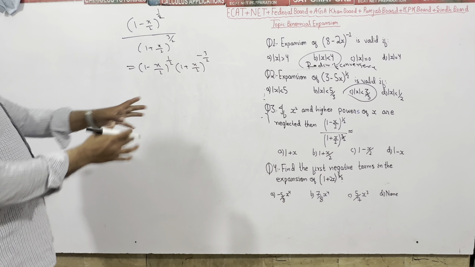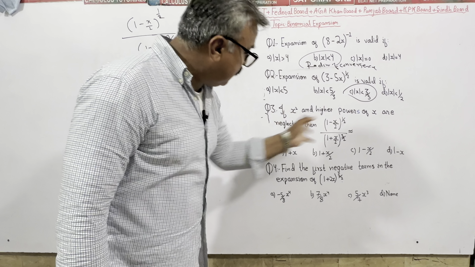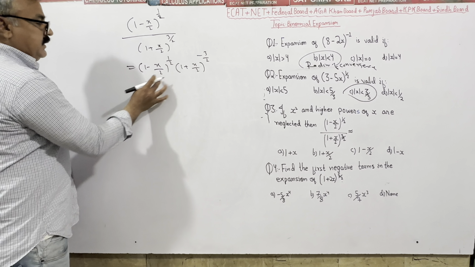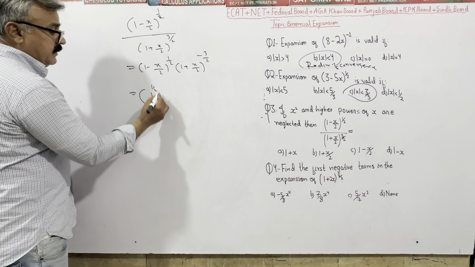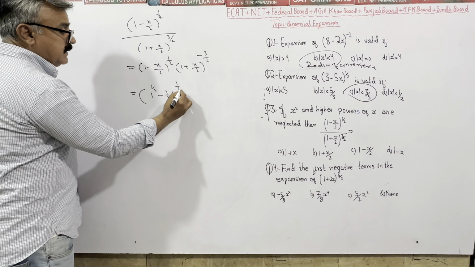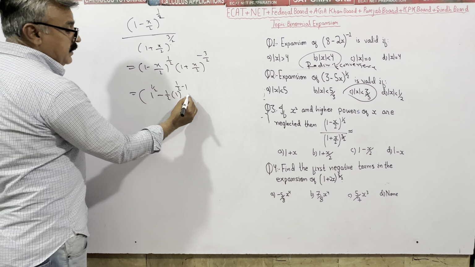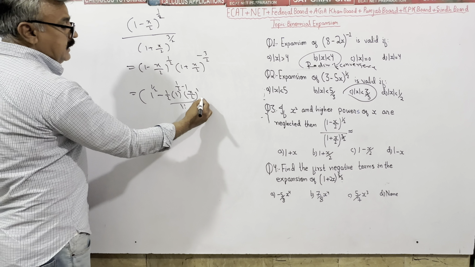Now we have to deal with x to the power 1, not x square. We have to ignore all these. Expand this: it becomes 1 to the power 1 over 2 minus, drag the power down, subtract 1 from the power, and give the second term power 1 according to binomial expansion, and so on.